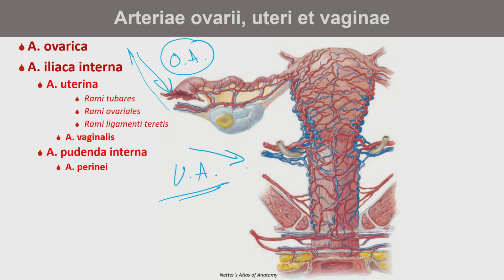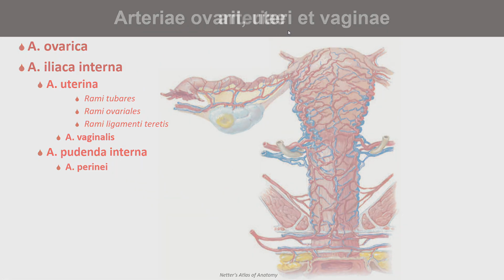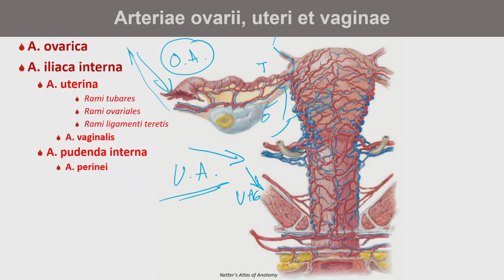Uterine artery is then divided into the vaginal and into the branches, the own uterine artery, which then has branches for uterus, branches for tube, branches for ovary, and branches for this. This is ligamentum teres. Ligamentum teres, where it is, the tip, the end of it. So in greater labium.